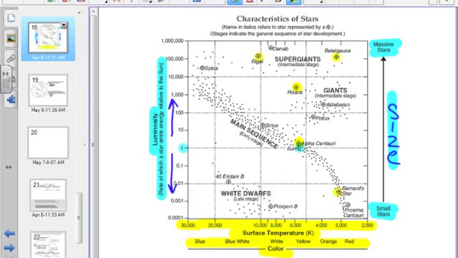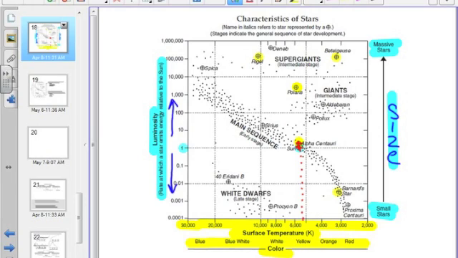Now, stars that stack one on top of the other, like the Sun and Alpha Centauri, okay, these are a couple of good stars to take a look at. Notice how they do stack one on top of the other, which would mean that in terms of temperature and color, they have the same values.